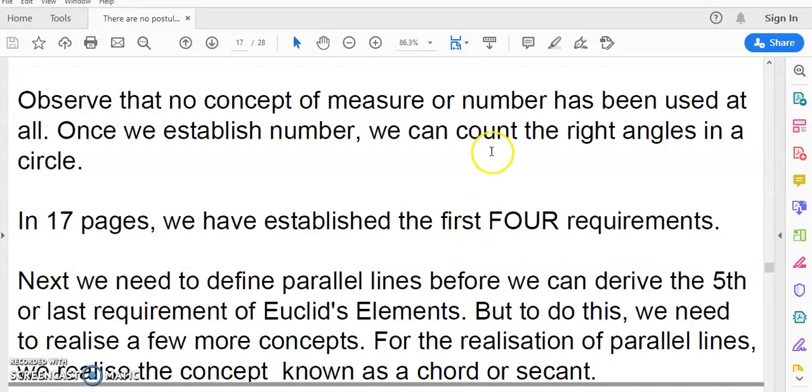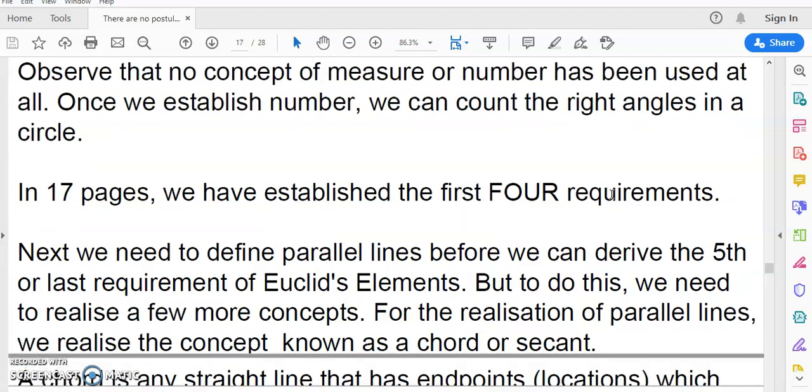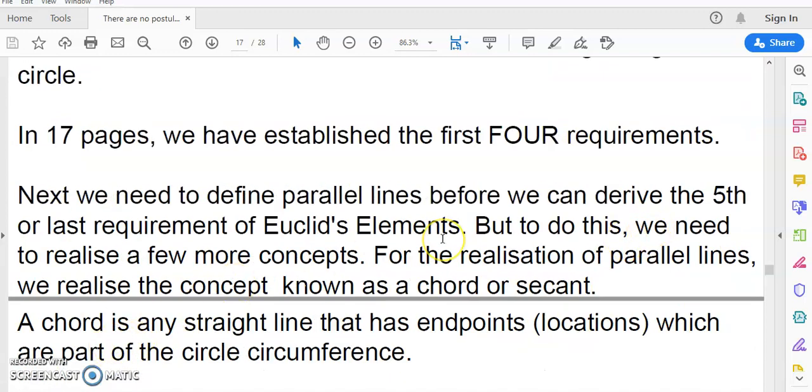Now, to define parallel lines, we need to continue with our circle, but we need a few more definitions, starting with the concept of a chord or a secant. What is a chord? It's just any straight line that has endpoints which lie on the circle circumference.